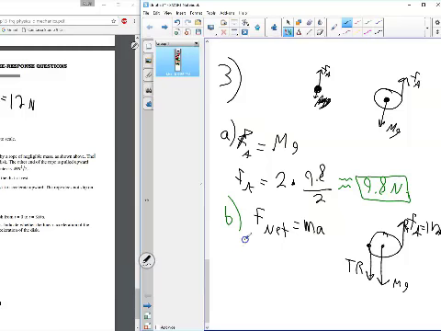Okay, so we know that F net equals ma. Well, what else is F net? Didn't we already solve that earlier? Turns out F net is also equal to F sub A plus the tension, which is also subtracted by mg, which is all equal to ma.